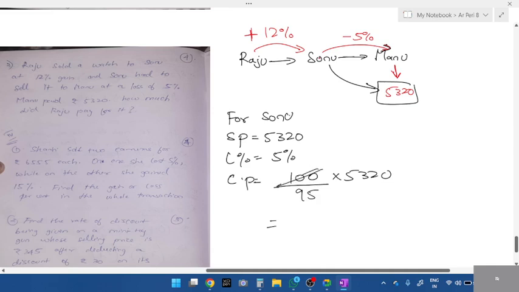Okay, now let us reduce. How many times does 5 go in 100? 20. 5 and 19. 19 is a prime number. Divided by 5,320, students. 19, 5 twos are 38, 15.